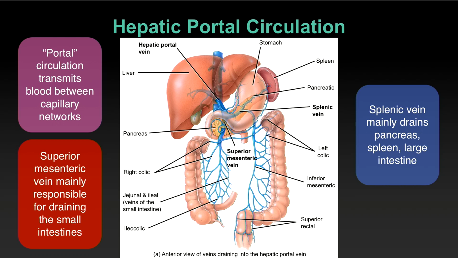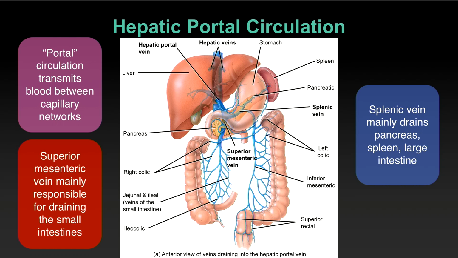What's missing from this picture is how the blood gets back to the normal circulation. And it does that. It leaves the liver tissue all the way at the top through what are just called hepatic veins. Not hepatic portal veins. They're simply hepatic veins. Veins that drain the liver.